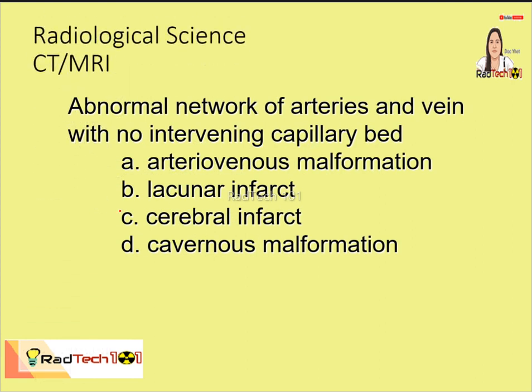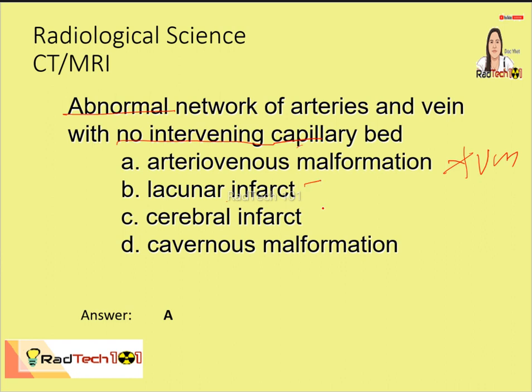Next, abnormal network of arteries and veins with no intervening capillary bed. So, abnormal network of arteries with no intervening capillary bed, that is AVM, or arteriovenous malformation.